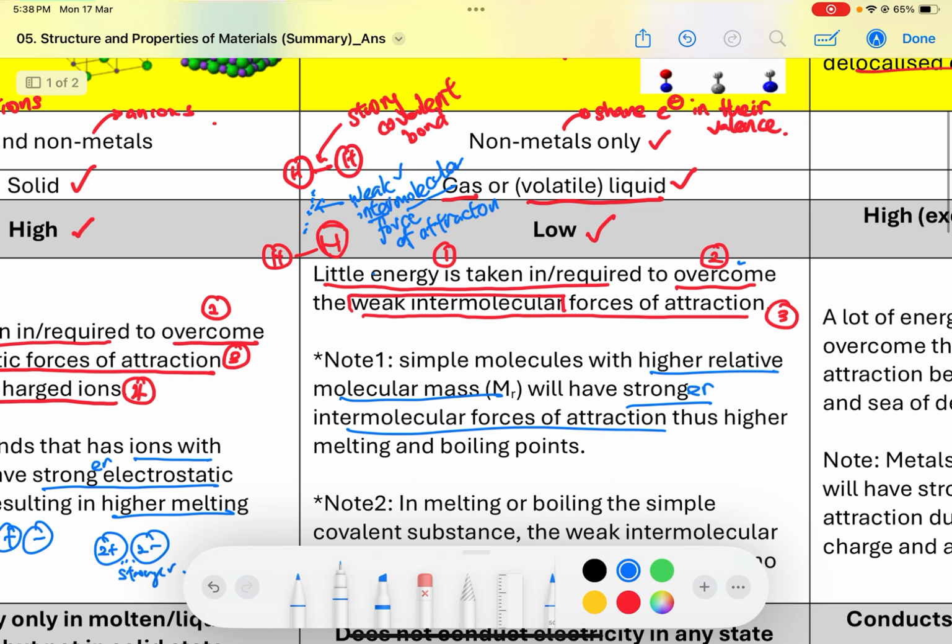Okay, so let's just compare something very simple. Cl2, the Mr is 71, versus O2, the Mr is 32. Which one will have a higher melting and boiling point? The answer is Cl2 will have higher melting and boiling point, because of higher Mr.